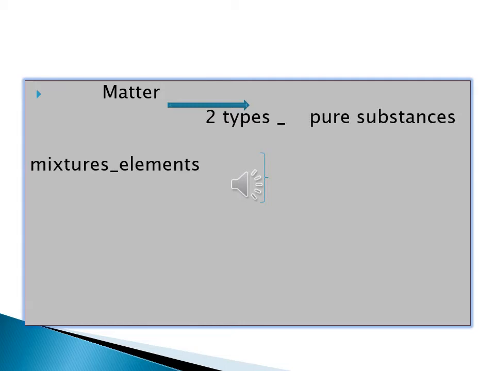Now children, we will study about matter. Here, chemical composition: matter can be classified into two, pure substances and mixtures.